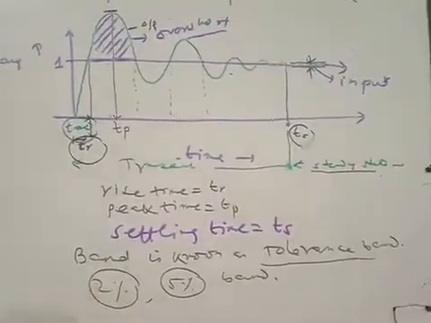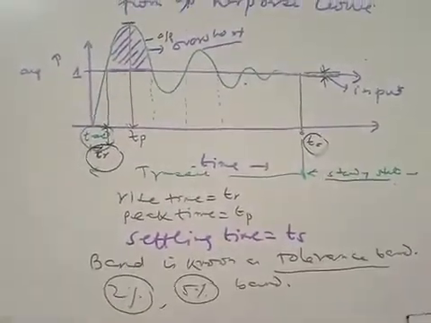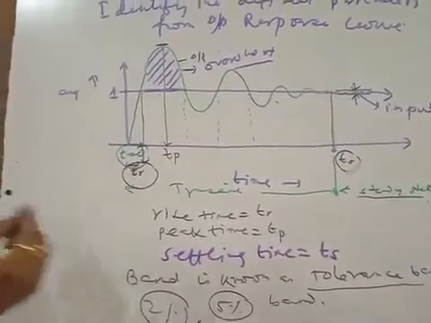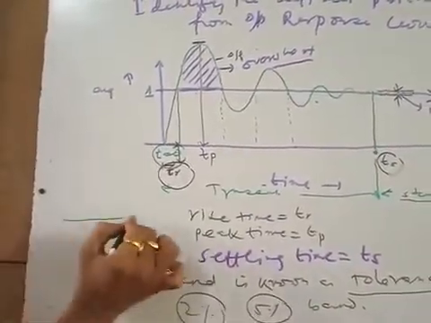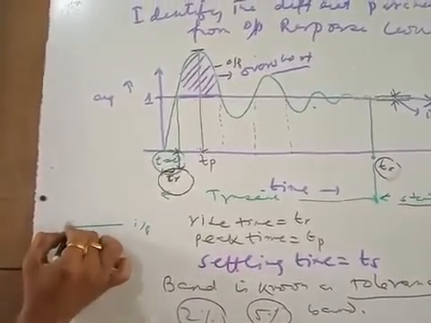How is the band of oscillation defined? I'll show you. This is your input desired value, and the oscillation is like this.